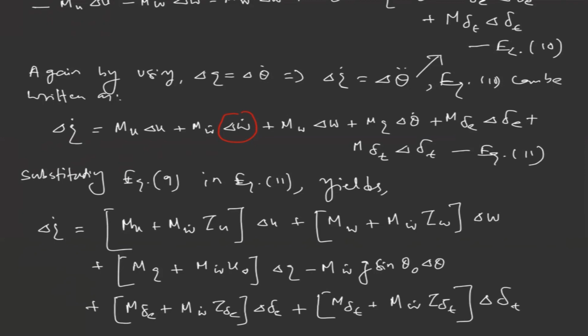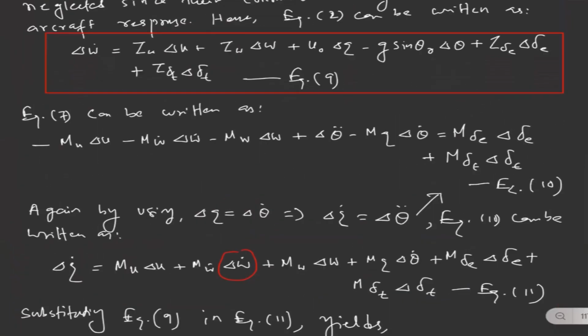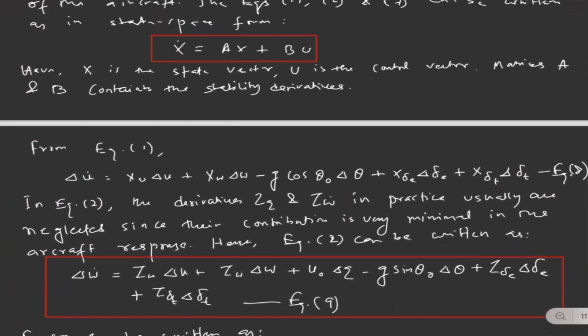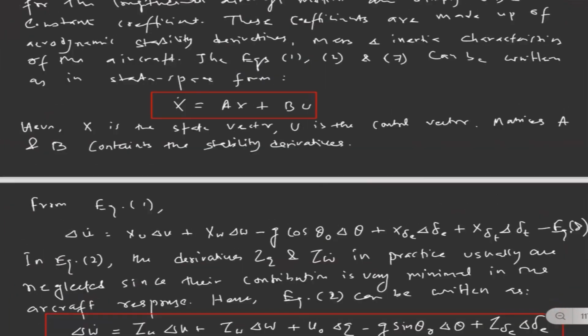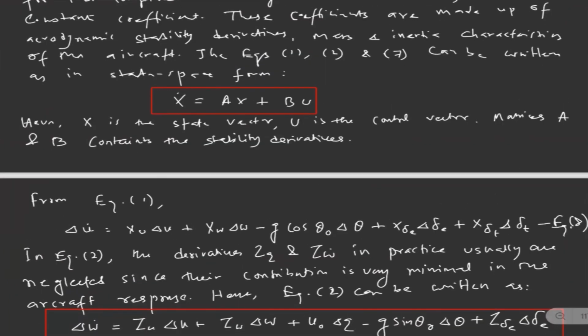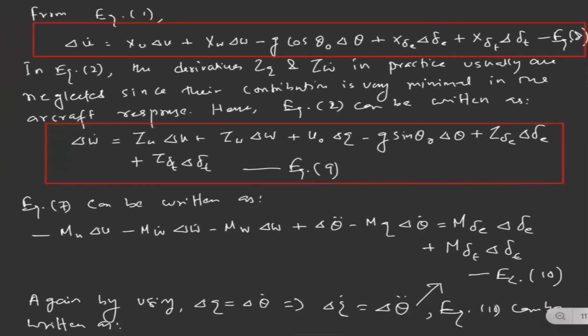And this is the final moment equation, the linear moment equation. Here we have the nice forms for delta U dot, delta W dot, and delta Q dot.